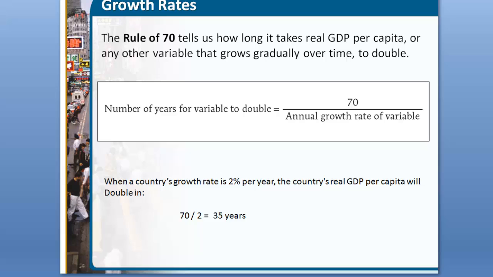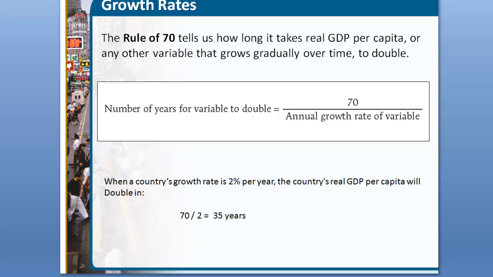The number of years for a variable to double is equal to 70 divided by the annual growth rate of the variable. When a country's growth rate is 2% per year, the country's real GDP per capita will double in 70 divided by 2, or 35 years.